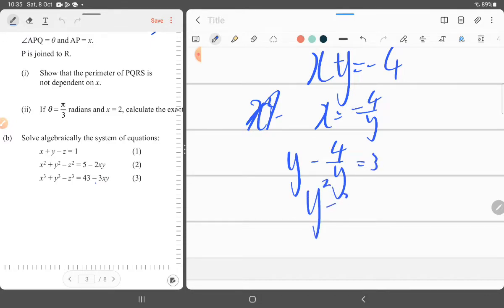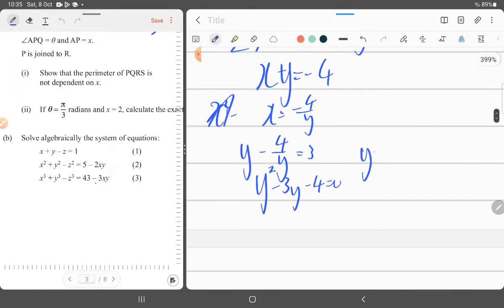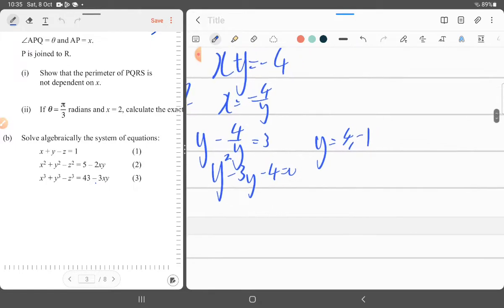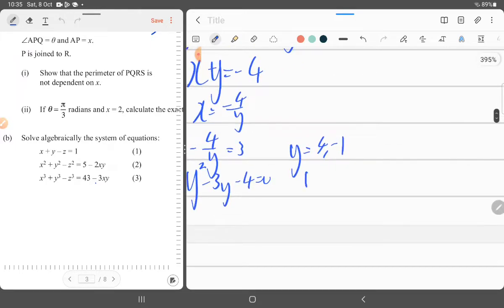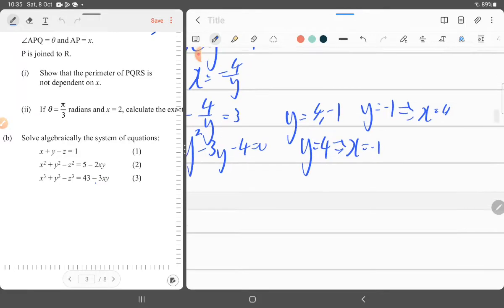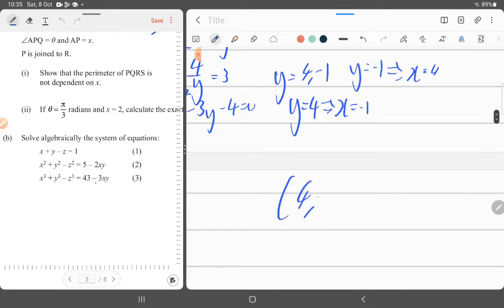Y squared take away 3y take away 4 equals 0. Y equals 4 or -1. And y equals 4 gives x equals -1, y equals -1 gives x is 4.